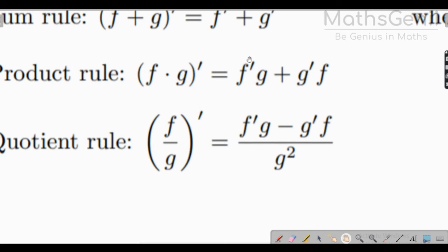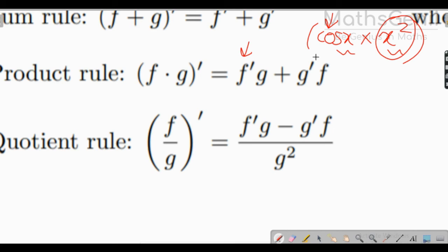It is the derivative of the first function. So f and g are nothing but functions. f could be cos x, g could be x square. Both are in x and both are in multiplication. Correct? So it is the derivative of the first function, which is derivative of this function into second function as it is, plus derivative of this function into this function as it is.